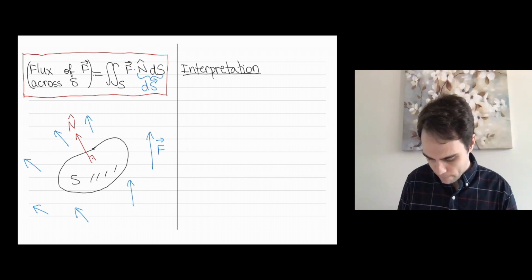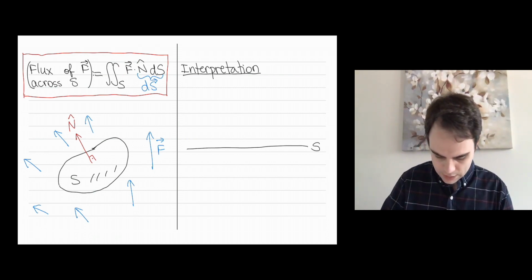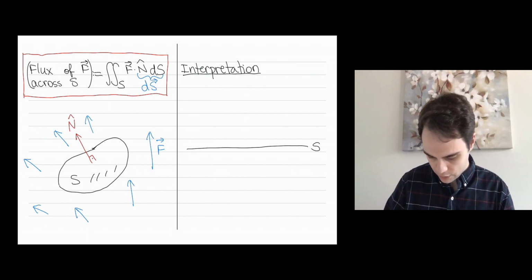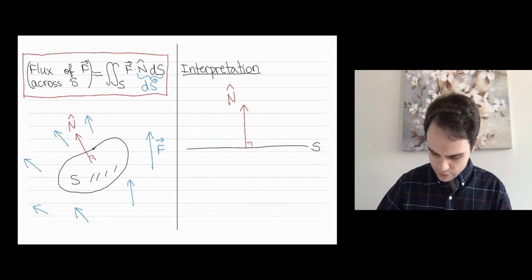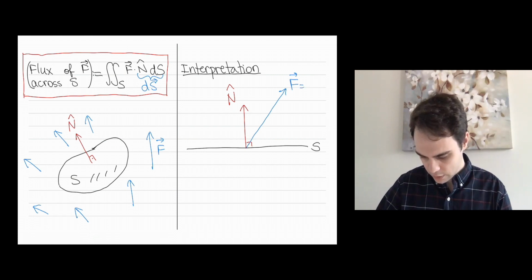So here let's look at the surface sideways, and we have our unit normal vector N, perpendicular to the surface, and we have our vector field, the velocity field of the fluid F. So F is the fluid velocity.